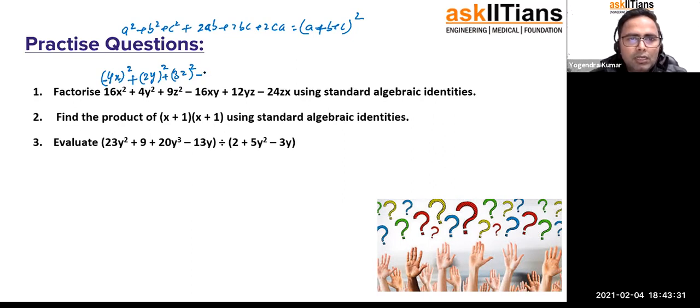2ab, so I can write 2 times minus 4x, and b is 2y. 2 into 2 is 4, 4 and 4 is 16, minus 16xy.